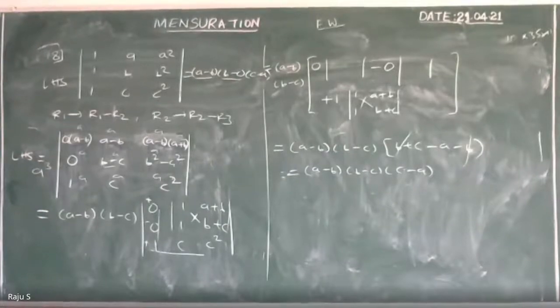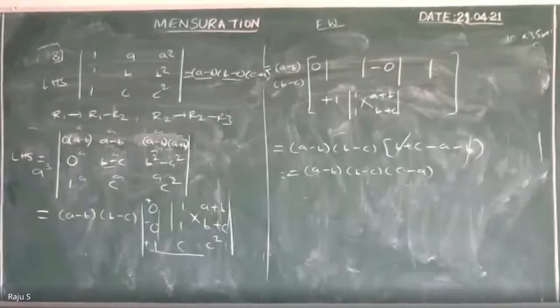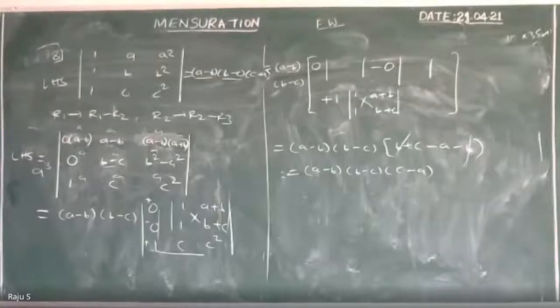I have done it in this way. You may use a column operation, but it is not possible to get A minus B, B minus C, C minus A by using column operations. Okay, sir, got it. You can try that second subdivision.